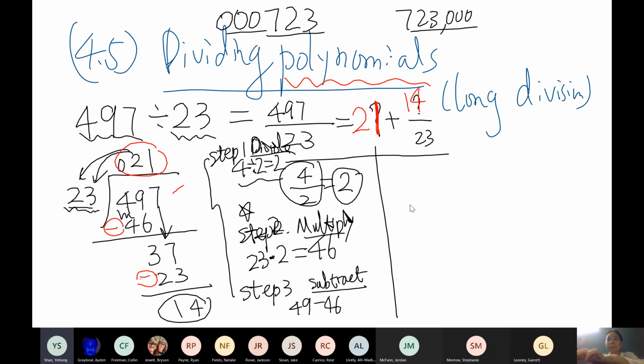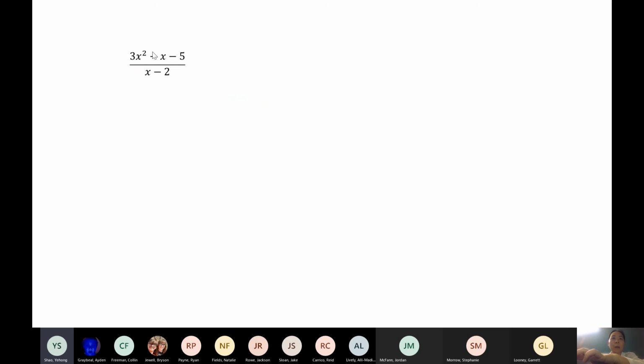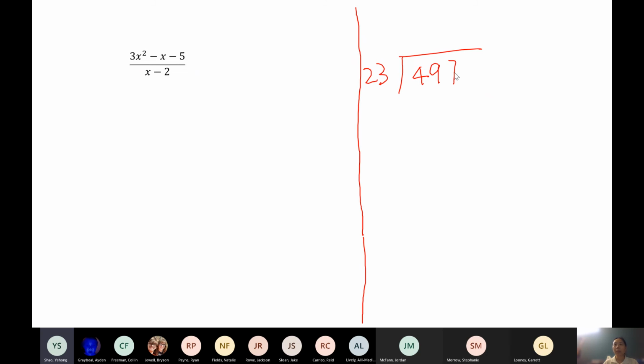So let's look at this example right here. I'm going to bring over that process, put it over what we just did, and move it here so you can refer to that process. So what we just did is 497 divided by 23. So step 1, you divide to find the quotient.